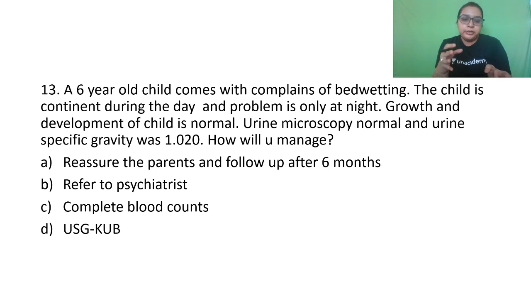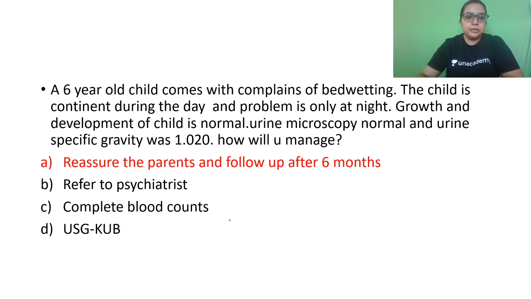I will not go into the details of explanation, because that will occupy all the time, and we won't be able to complete our MCQs, which is our main target. That is to give you complete revision and the maximum number of MCQs to be discussed within 25 minutes. Okay. So the answer is A. Most of you are correct: reassure the parents and follow up after 6 months.